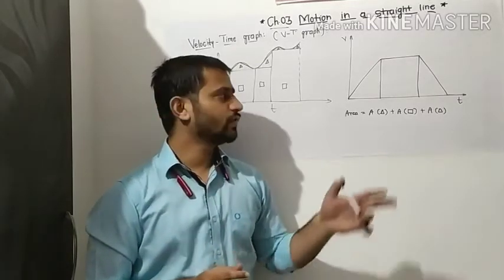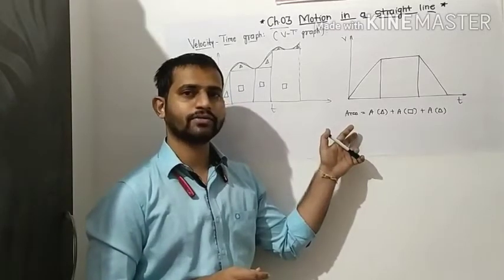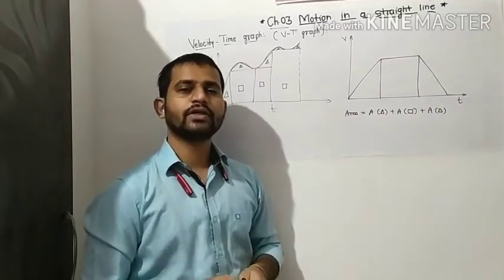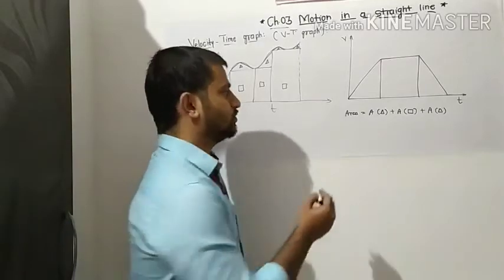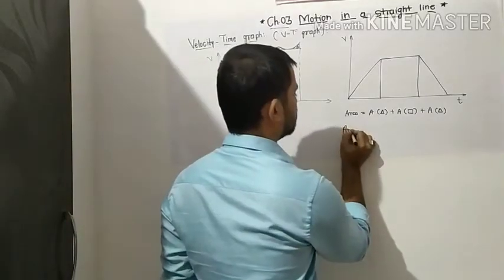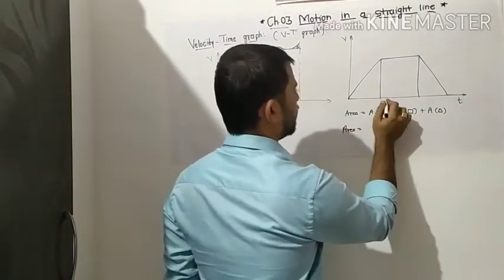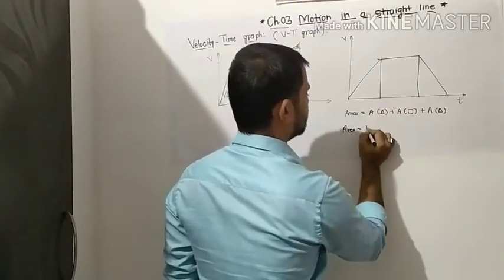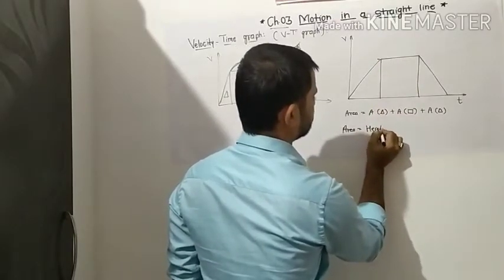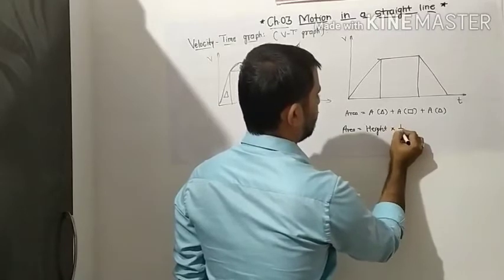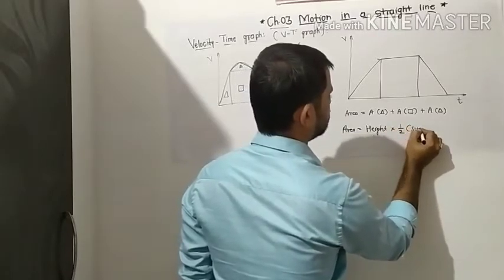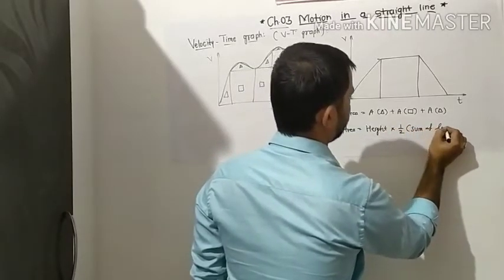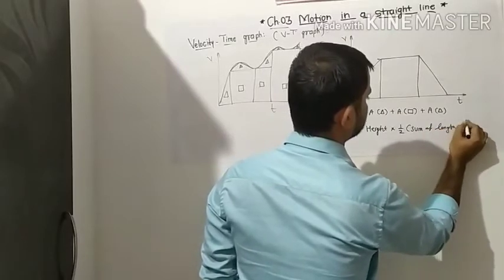If we go for the standard formula here, then we can also use the area of a trapezium. So area is equal to height into half of the sum of the lengths of the parallel lines.